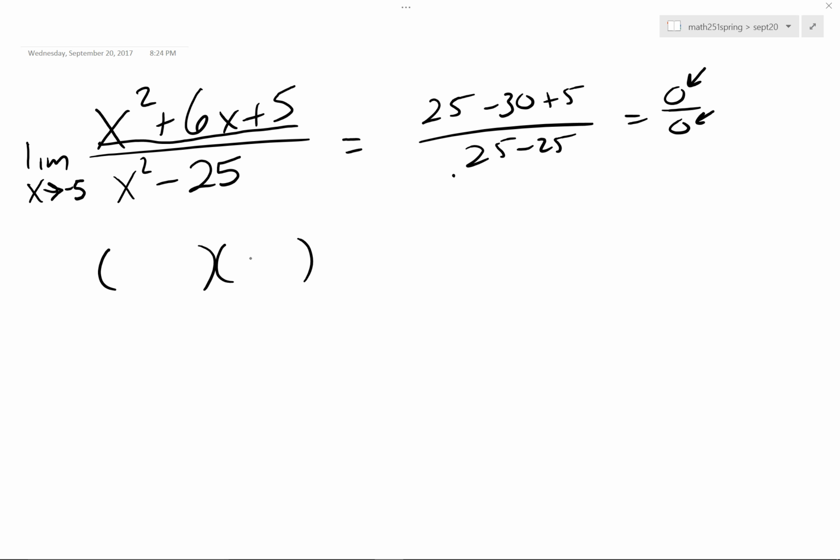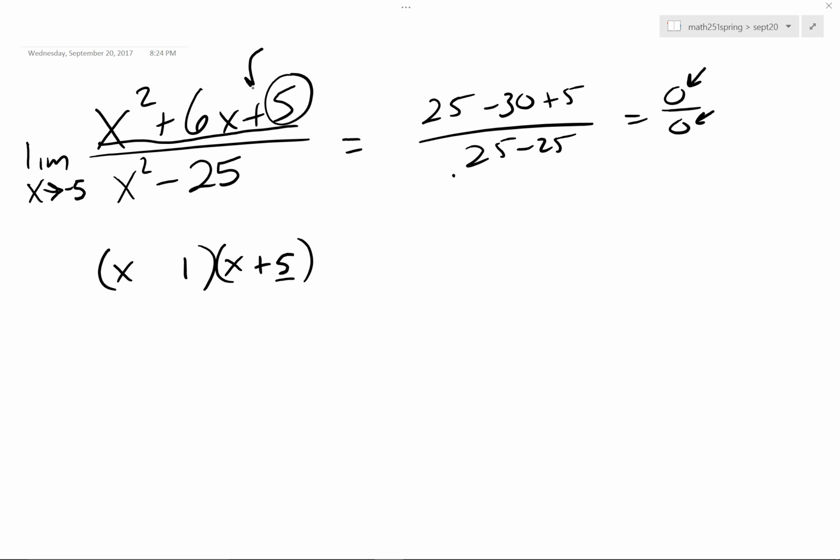Okay, I can help. So we know it's going to be x and x, because x times x is x squared. Now, we just said x plus 5 has to be up there. Has to be, because that's how I got a 0, because -5 plus 5 was 0. Well, that only leaves one thing. What times what is 5? 1 times 5.